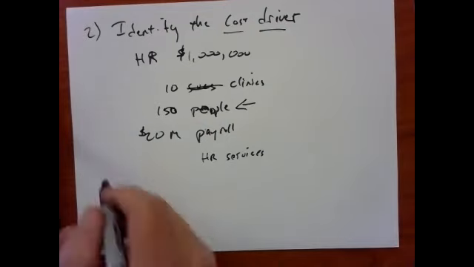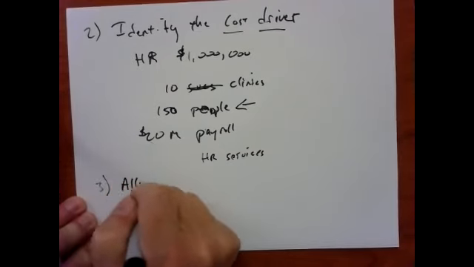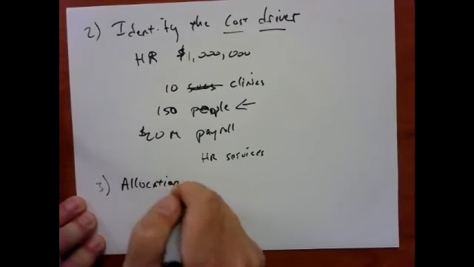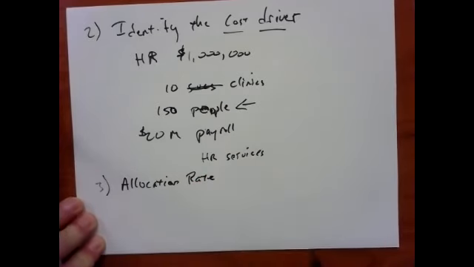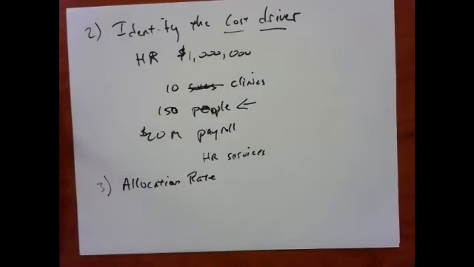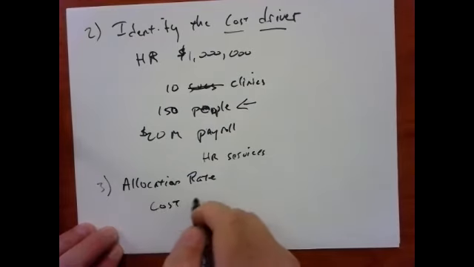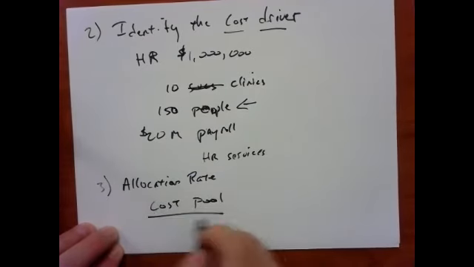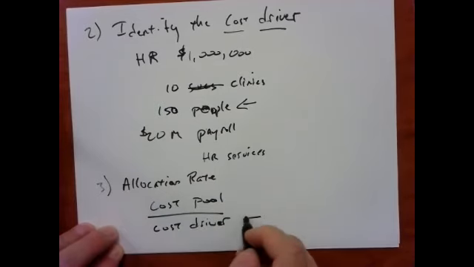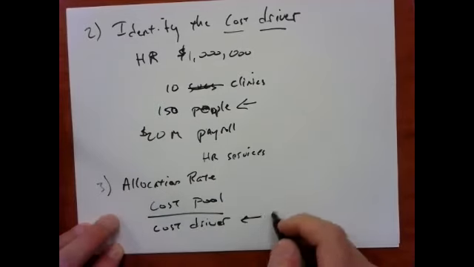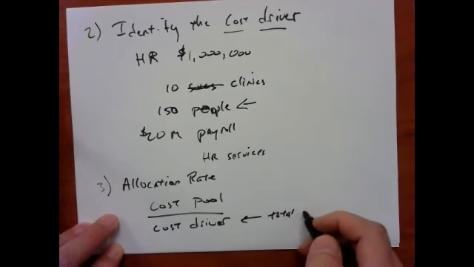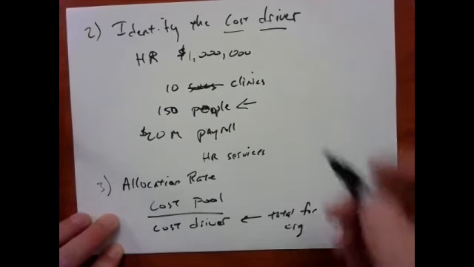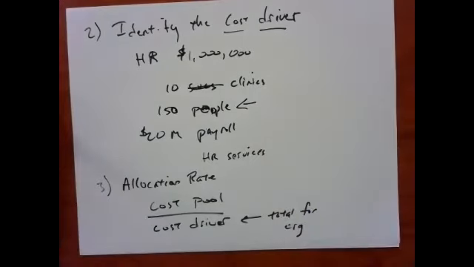Then the next step is to calculate the allocation rate. Right? And the allocation rate is the cost pool divided by the cost driver. And this cost driver is going to be the total for the organization. So if there's 150 people in the group practice, we're going to use 150.